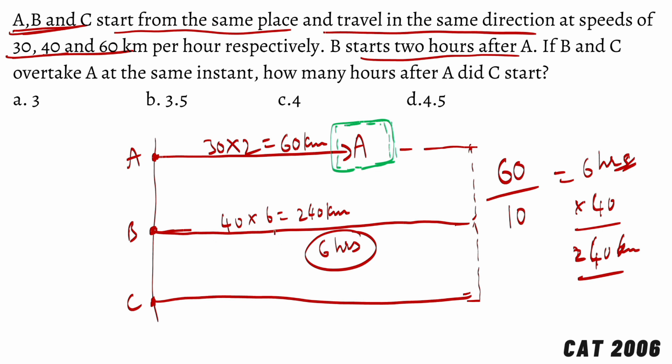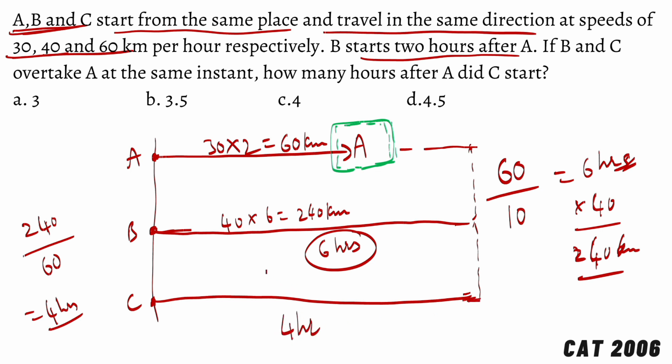Think as if B is stationary. Why? Because B is slower than C, right? So the slower object can be assumed stationary. So here C takes how many hours? The distance is 240, right? So C takes 4 hours.